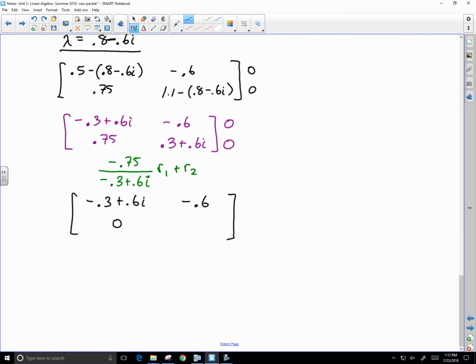And then the next entry is going to be negative 1, positive 45, plus 0.3 plus 0.6i.